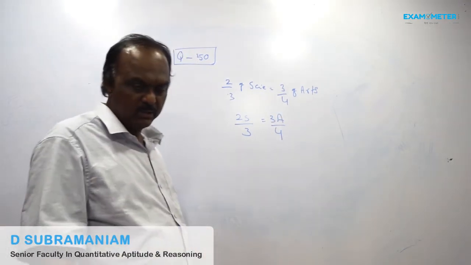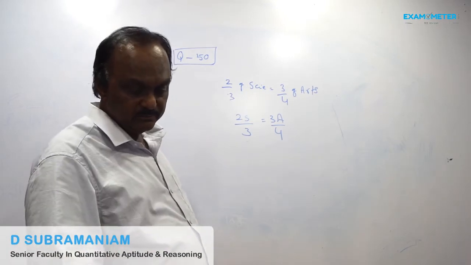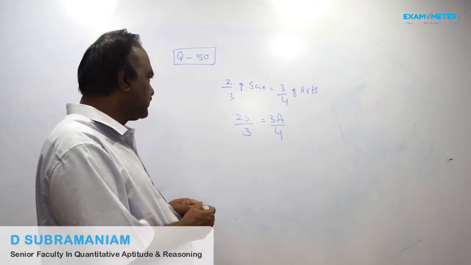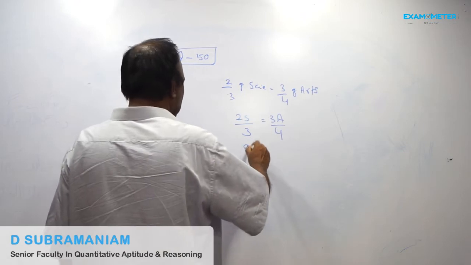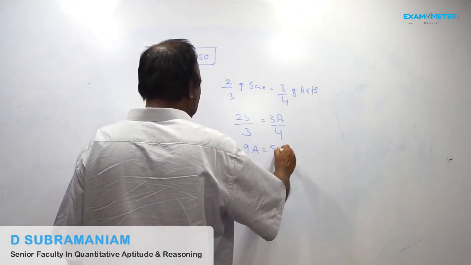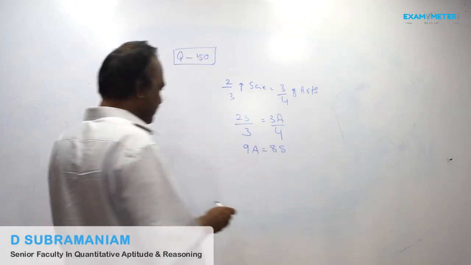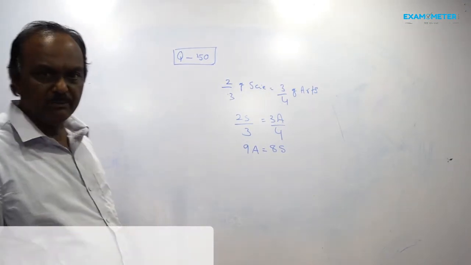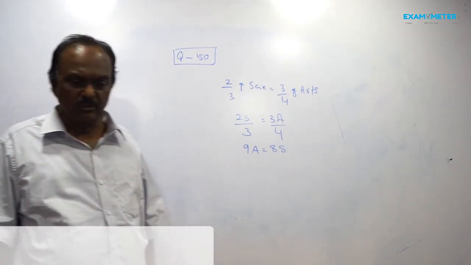You can write it down like this. If you cross multiply, you will get 9a is equal to 8s.